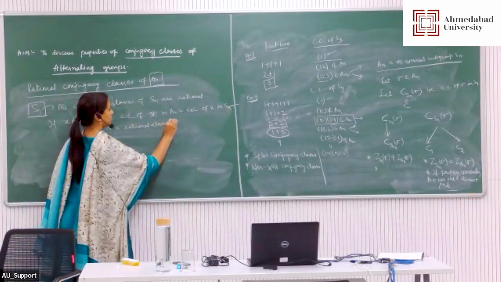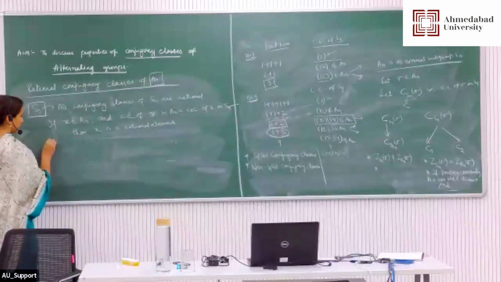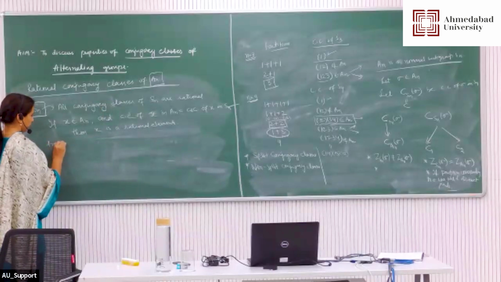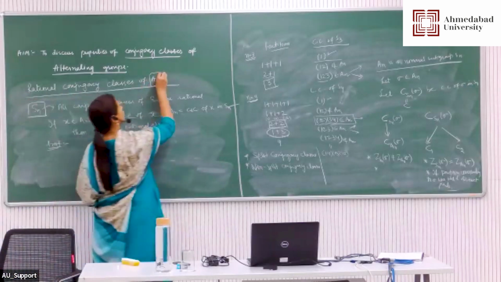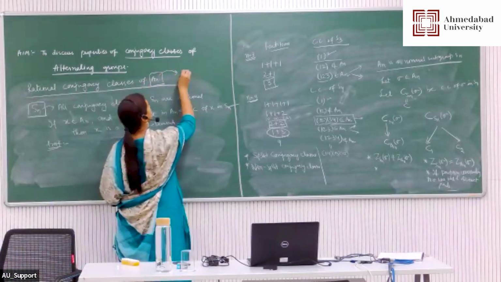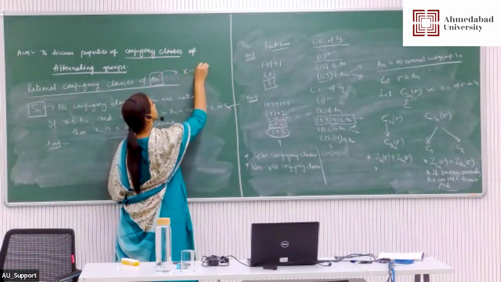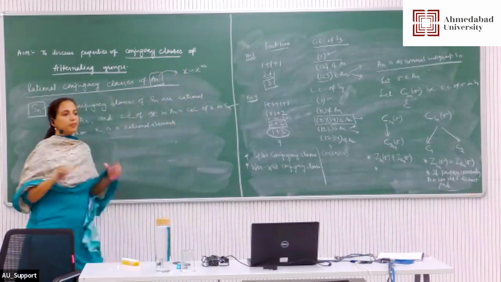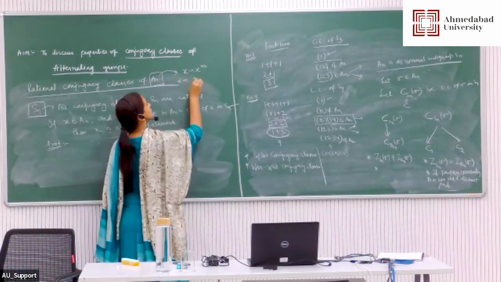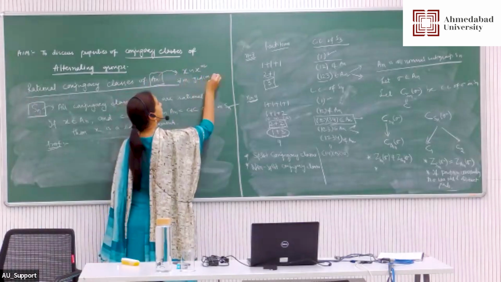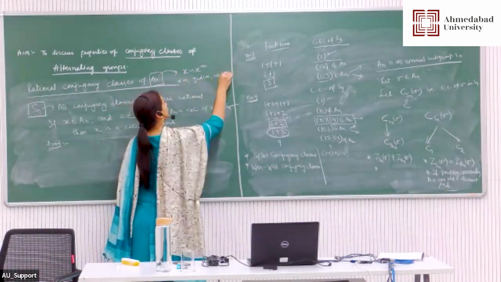So the proof is pretty easy. Let me just write those couple of lines of proof of this step. What I need to show, recall the definition of a rational conjugacy class. A class is called a rational conjugacy class if x is conjugate to x to the power m for all m such that GCD of m and order of x is 1.